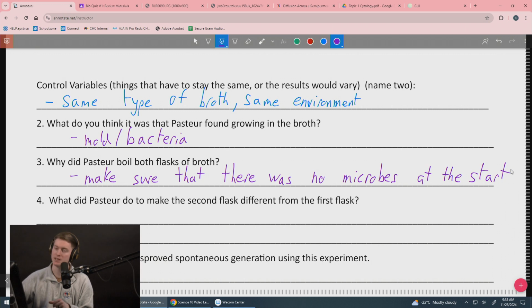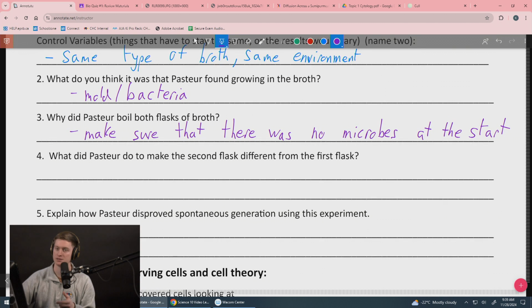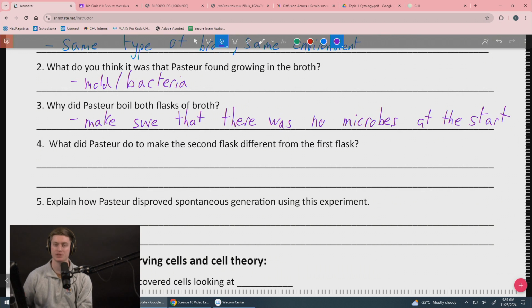I just realized that I keep using the word microbes, but I haven't explained what the word microbes mean. A microbe is just a microscopic organism. You can't see it with your eyes without the use of a microscope to zoom in really close. They're very small. What did Pasteur do to make the second flask different from the first flask? Well, that depends on which one you've labeled first or second.